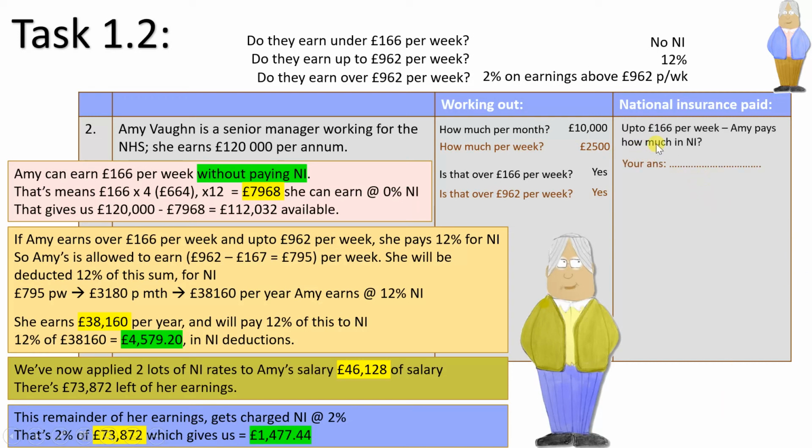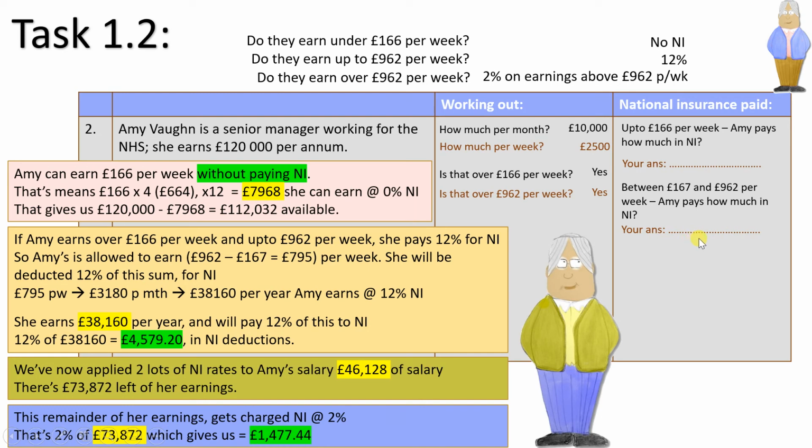So question 1. Up to £166 per week, Amy pays how much in national insurance? And the answer goes in the brown at the bottom. Next question. Between 167, obviously the 166 is the allowance, we're in the next allowance. Between 167 and £962 per week, Amy pays how much in national insurance?